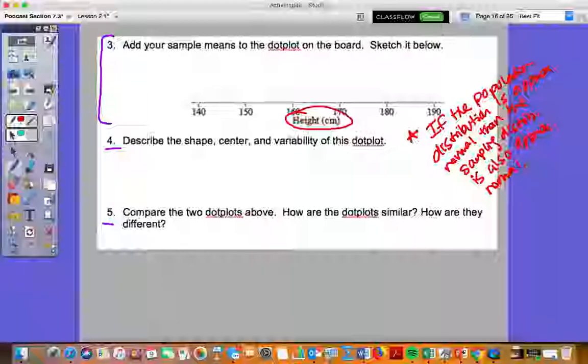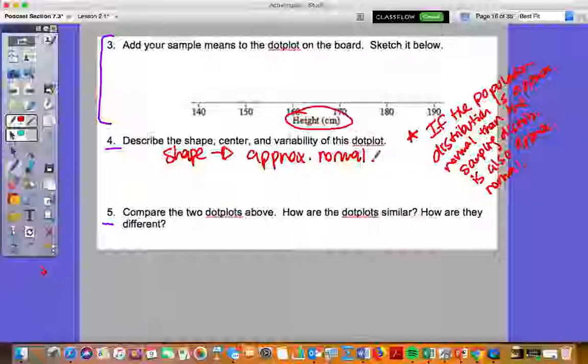We're going to keep hitting on this later on, specifically with the penny activity, which is probably one of my favorite ones, and you'll see why here in a bit. But is this approximately normal? Yeah, our sampling distribution is actually approximately normal. So for our shape, what would we put? Yep, it is approximately normal. Can someone tell me why?